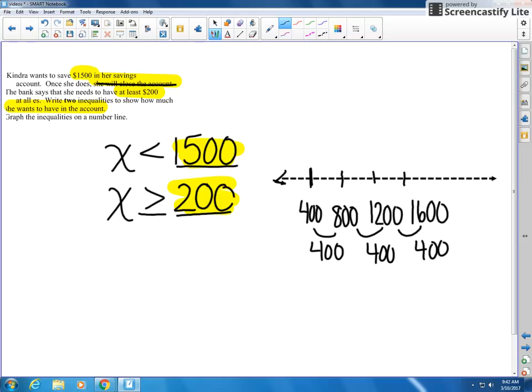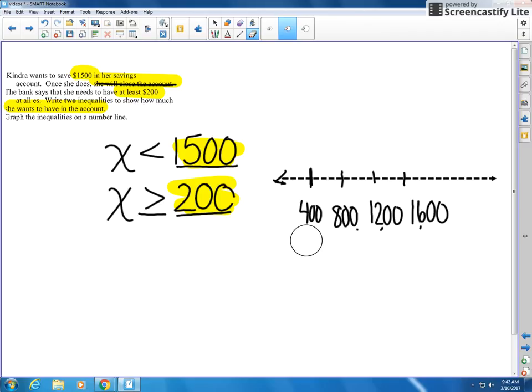Okay, now that my scale is built, I'm going to erase these. Now my line is a little bit longer, but I don't need to go higher than 1,500. And I'm going to place my numbers. I'm going to put a circle at 200, which would be right here. And I'm going to place a circle at 1,500, which would be right here.